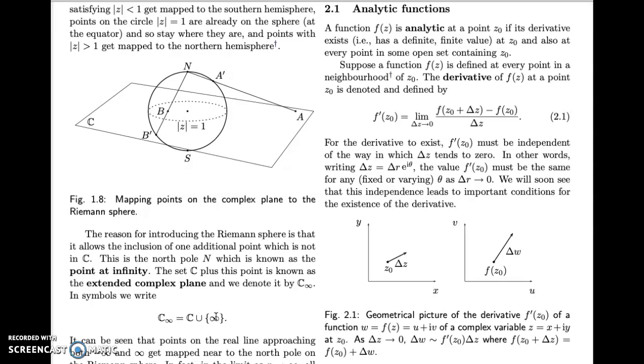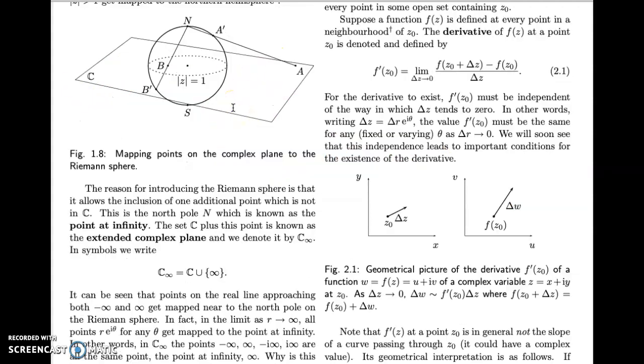This point infinity actually has the meaning that it includes both minus infinity and plus infinity. Both of those, if this is the real axis, would get mapped to the same point. And also any complex number times infinity. That includes minus i infinity, plus i infinity, or e to the i theta times infinity, for any theta.